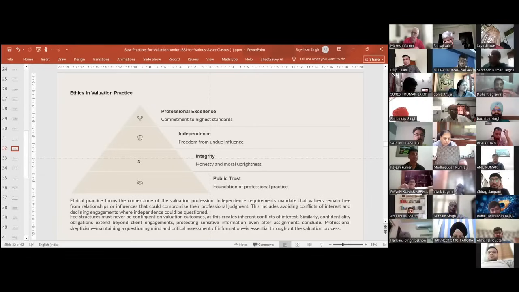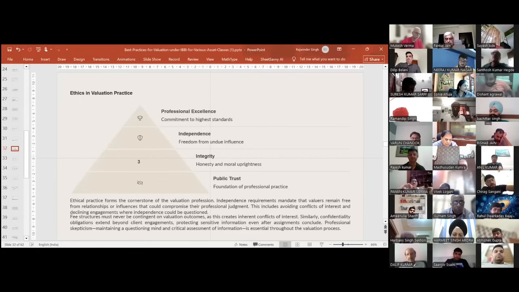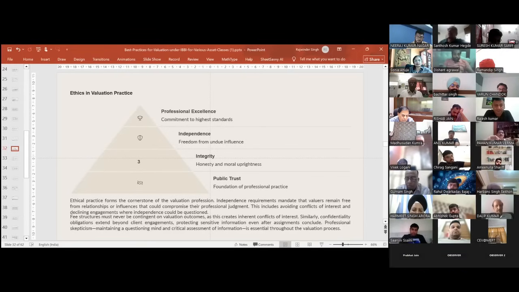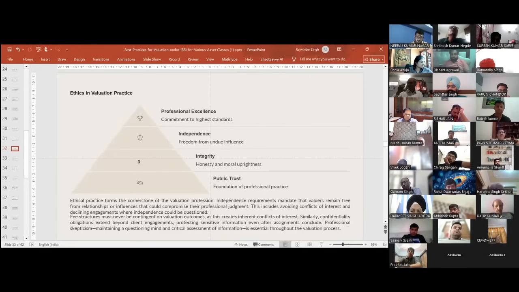Fee structure must never be contingent on valuation outcome, as this creates inherent conflict of interest. Similarly, confidentiality obligations extend beyond client engagements, protecting sensitive information even after the assignment concludes. Professional skepticism, maintaining a questioning mind and critical assessment of information, is essential throughout the valuation process.